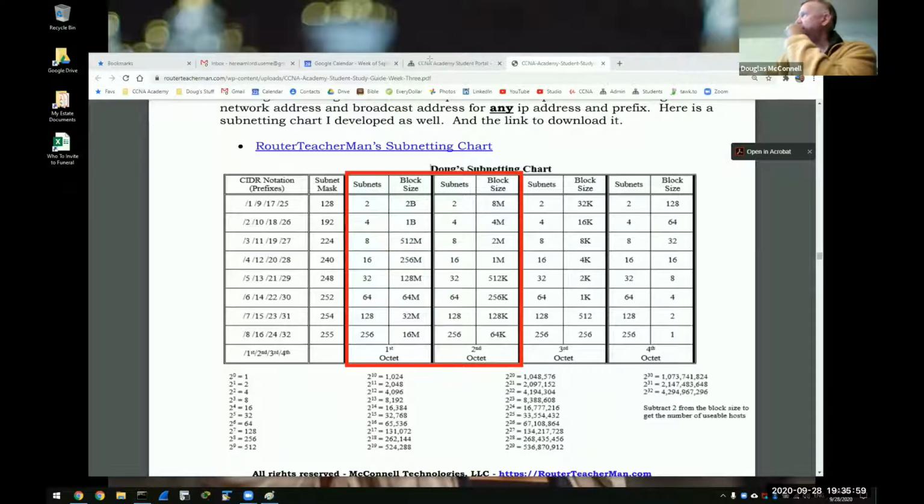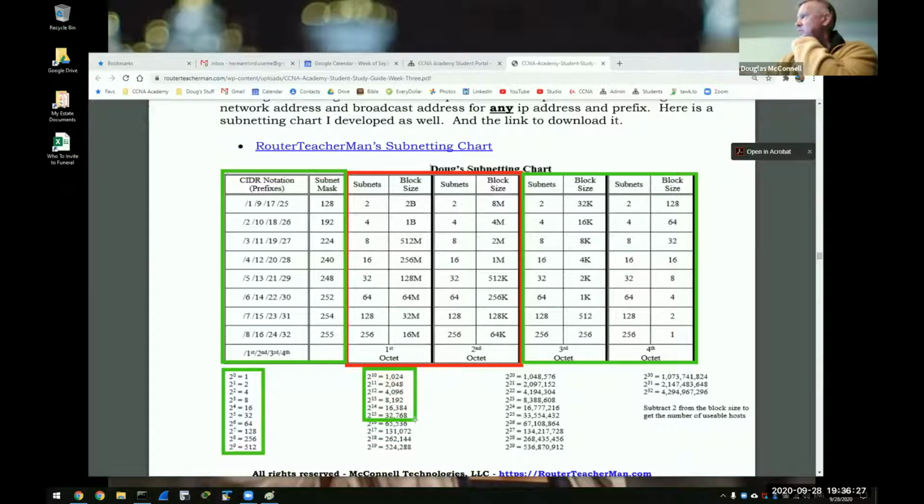But you will need this and these. You also will need to write down the powers of 2 up to 2 to the 15th.